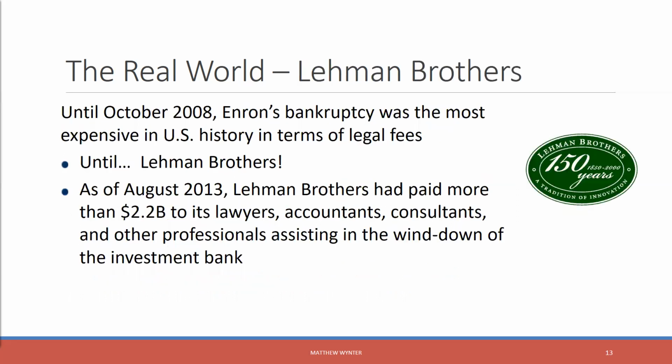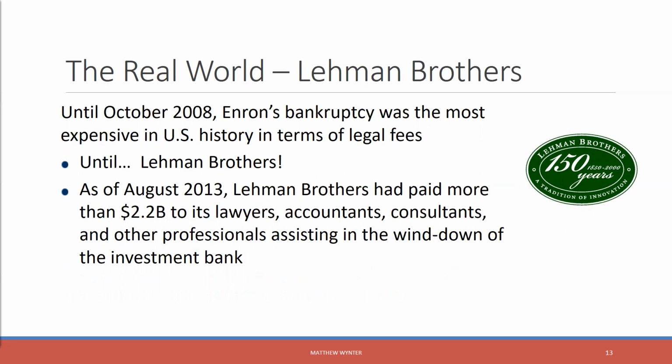The last real world example is going to be Lehman Brothers. So until October in 2008, that Enron bankruptcy was the most expensive in US history in terms of legal fees. Lehman Brothers began its bankruptcy process in October of 2008.